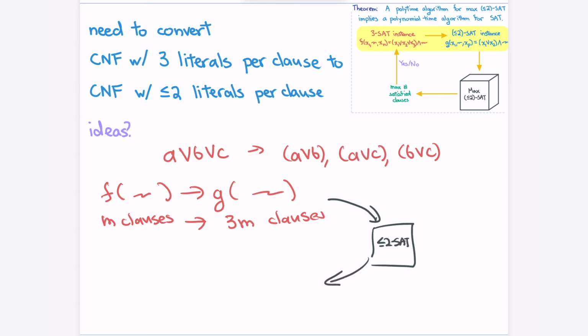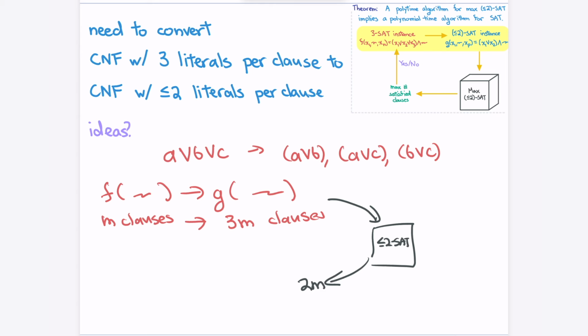Suppose it returned 3m. Then I think that means the formula was satisfiable. But if it returned 2m, it just says 2m clauses in your new formula could be satisfied. It's not clear if that means the original formula can be satisfied.